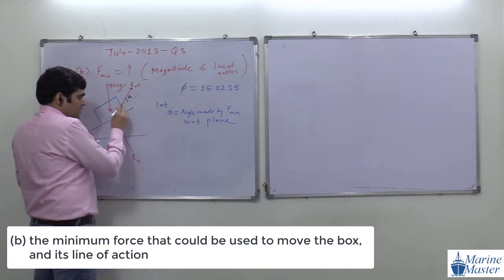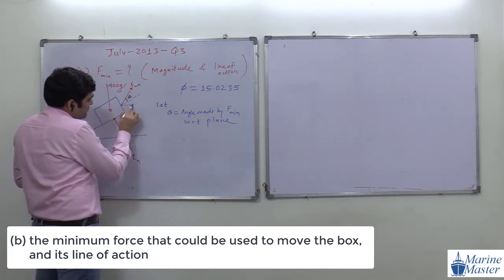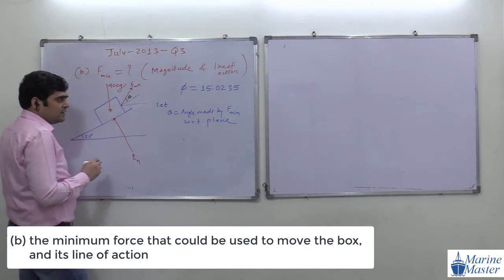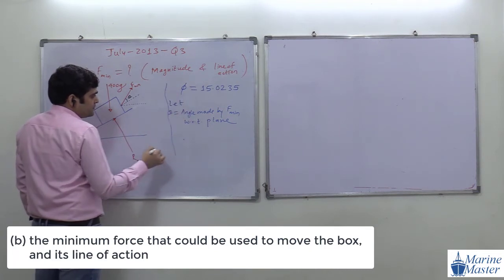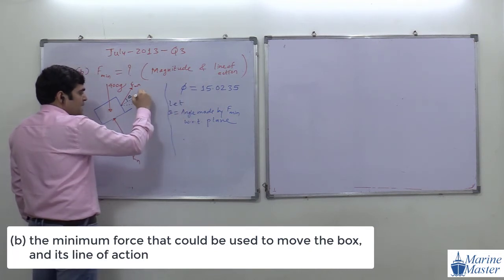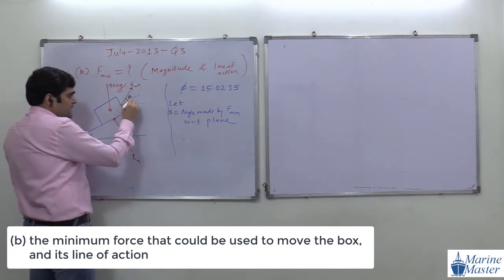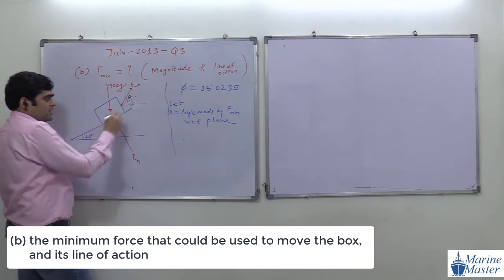Now guys, if that is theta, I am going to draw another dotted line along the plane. What does this line indicate? Horizontal. This is parallel to the plane. What will be this angle? The angle between the plane and horizontal is 20 degree.